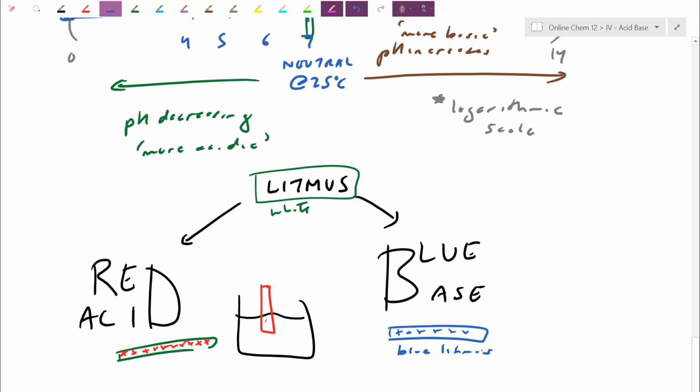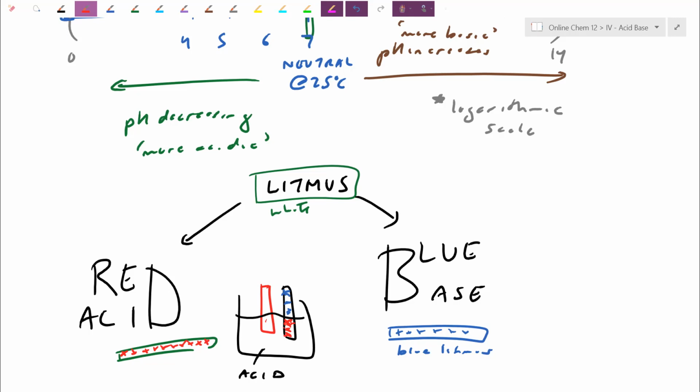A blue litmus, if you stick it into the same acid solution, because litmus as a chemical is supposed to show red in acid, because I'm starting out blue here, I dunk this blue piece of paper inside. The top part that's not touching the acid will stay blue, but the part that's touching the acid will switch over to red. So this is one good way of identifying acids and bases. Use corresponding indicators. Litmus is a very common one.